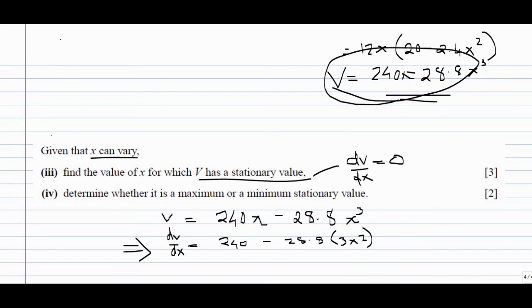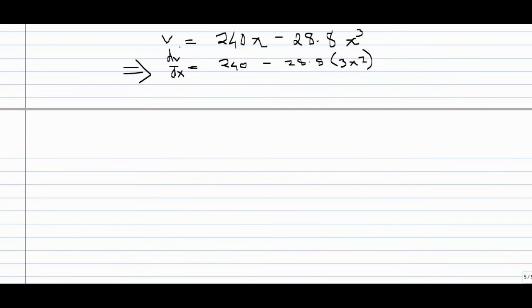Derivative of x cube is 3x squared, which implies dV by dx is equal to 240 minus 28.8 times 3 is 86.4x squared, which is equal to 0, as V has a stationary point.